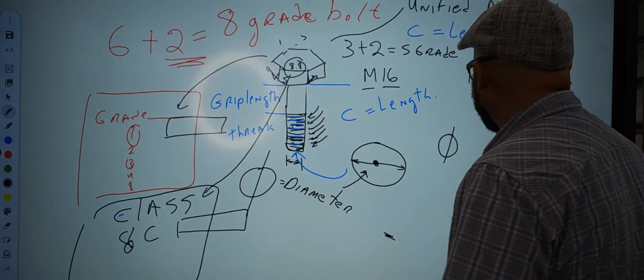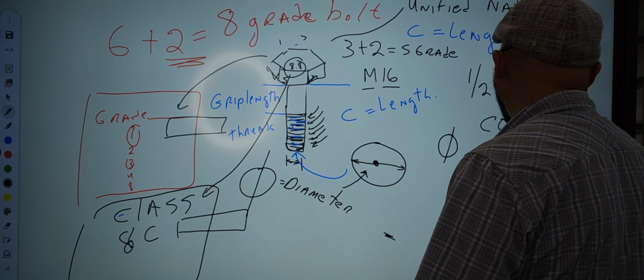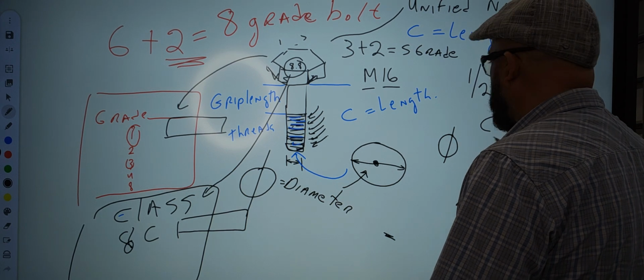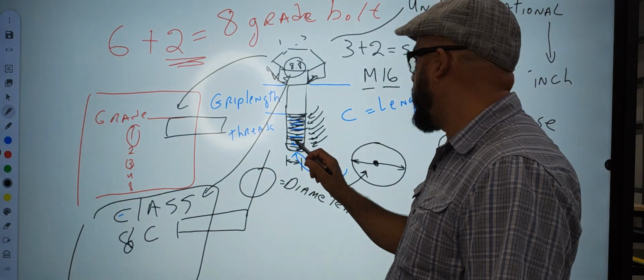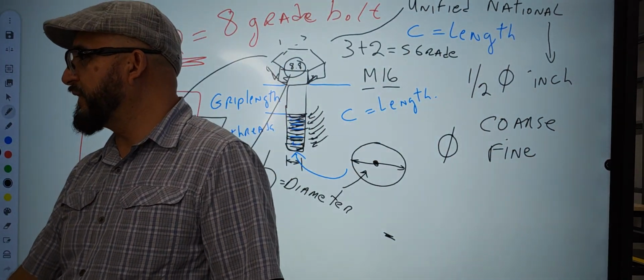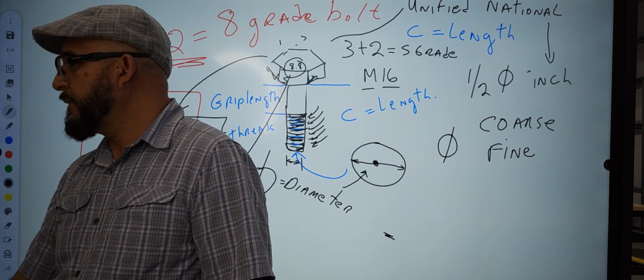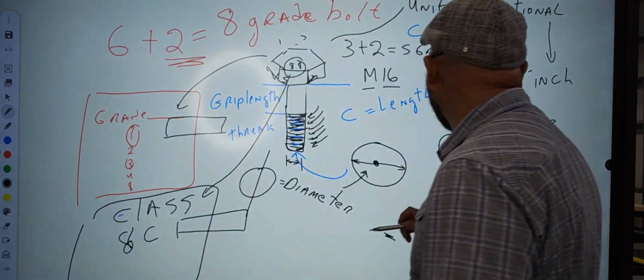And there are two types. One is coarse, and the other one is fine. That's talking about the threads. How many of these little threads do you have here? The coarse is something where you don't have that many threads per inch. UNC they call it.